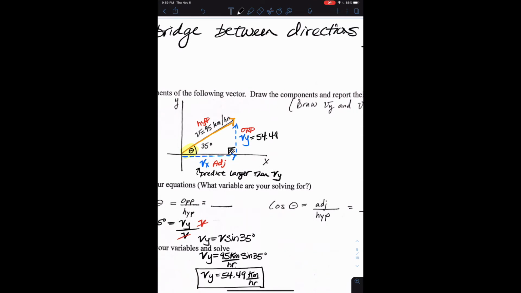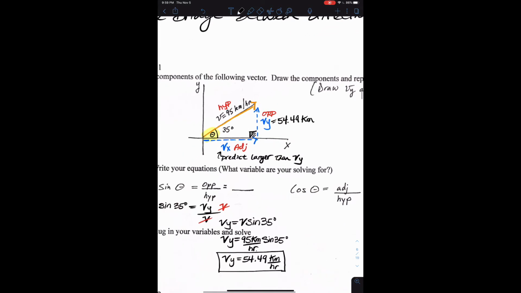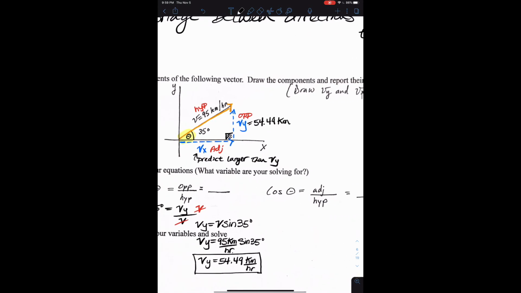Something else worth noticing is that if you're going to make up as positive and down as negative, and right is positive and left is negative, then it would make sense that the 54.49 would have a positive sign, right? Because we can see that Vy is directed up.